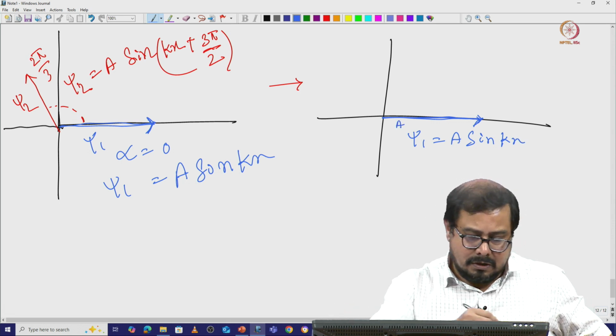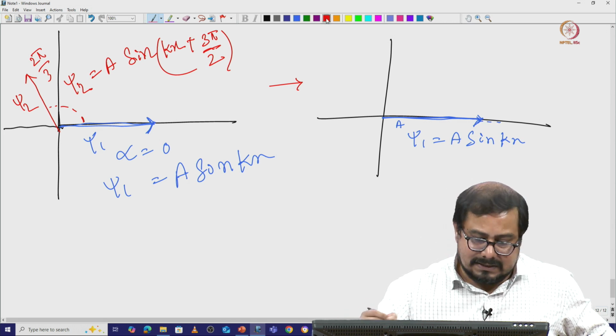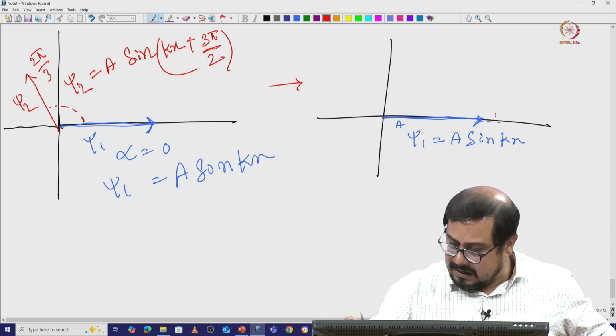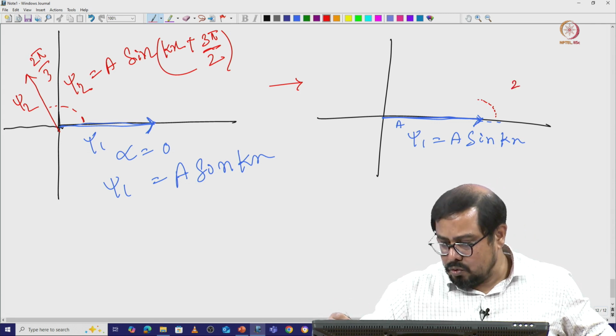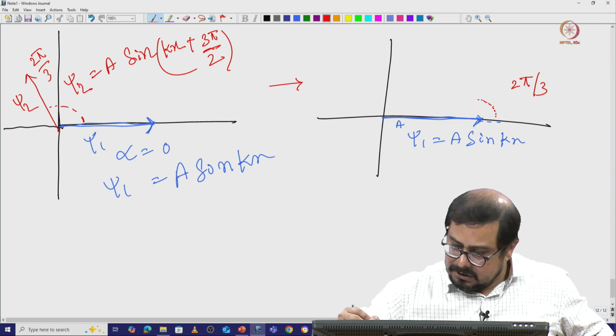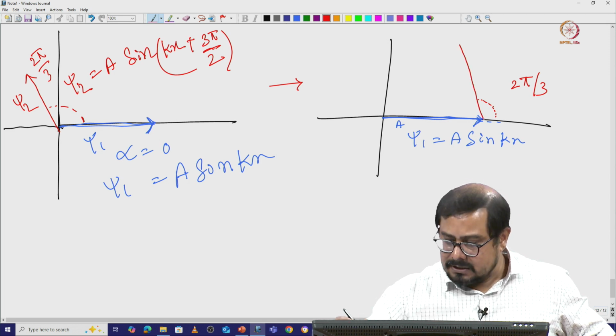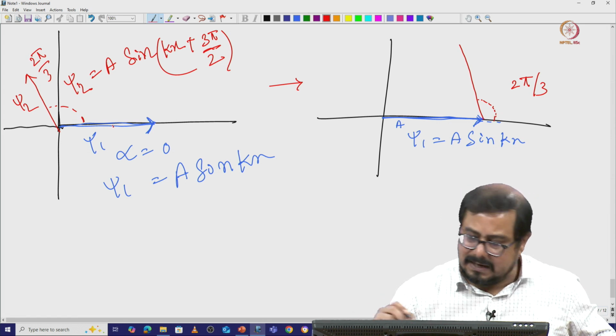Now, what is the direction? From this one we have to consider the angle, right? We have to consider this angle. The angle will be 2 pi by 3, this is the phase difference. Here I am drawing that phase difference between these two waves, the blue wave and the red wave.